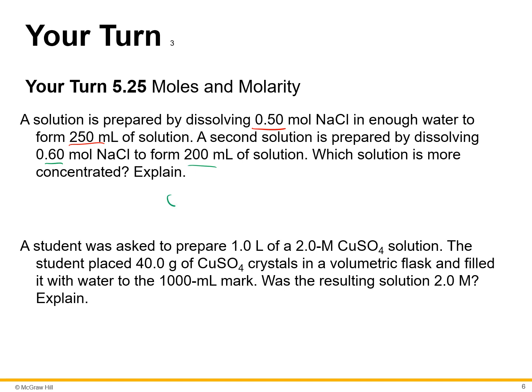So if we do the calculation, 0.6 moles over 0.20 liters, remember our units, versus 0.5 moles divided by 0.250 liters. Remember, converting from milliliters to liters, you divide by 1,000. I'll let you do the math to figure out which one will be higher. Will it be the solution in red or the solution in green? I'll let you guys figure that one out.